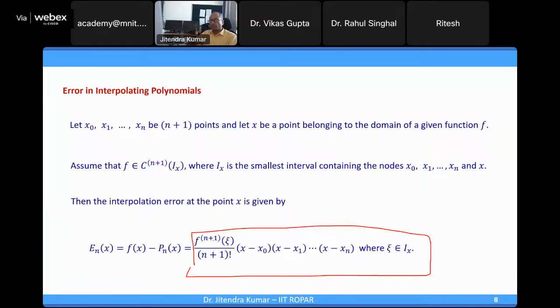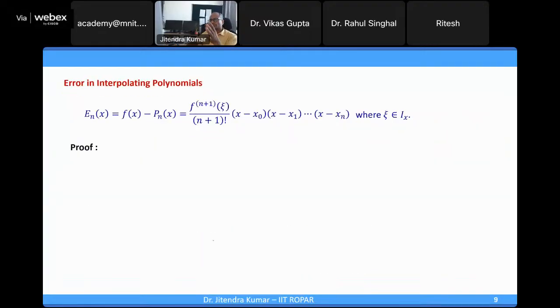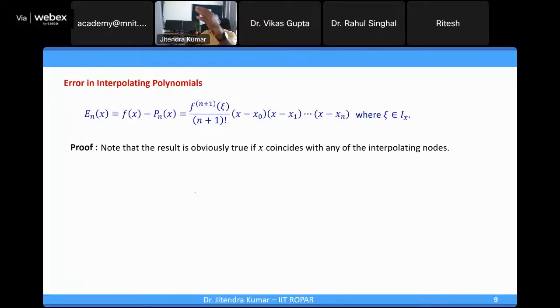This is the error formula. As I said, I will not spend much time on the proof because I want to cover more interesting things. I think tomorrow you will go through the details of such an error formula. But the proof is also listed here. If you are interested, you can go through it.